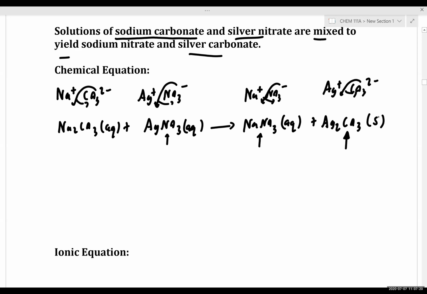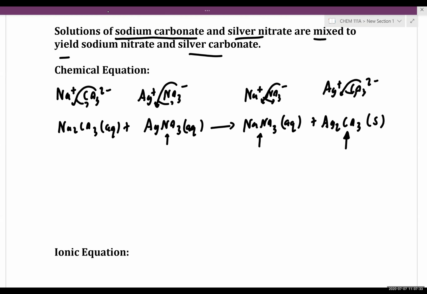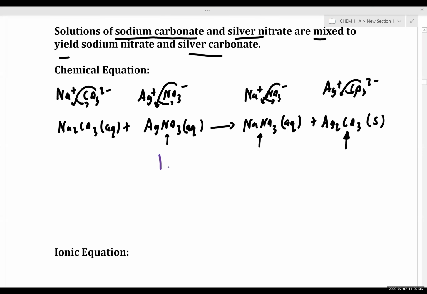Okay, so now we have to check that this equation is balanced. As we notice, we have one silver on the left, and we have 2 silvers on the right.